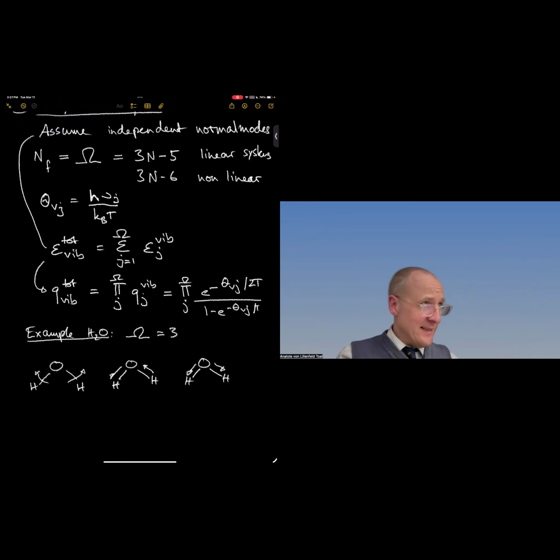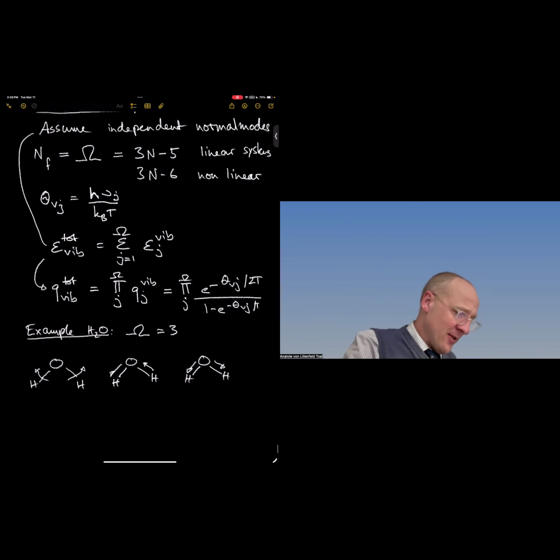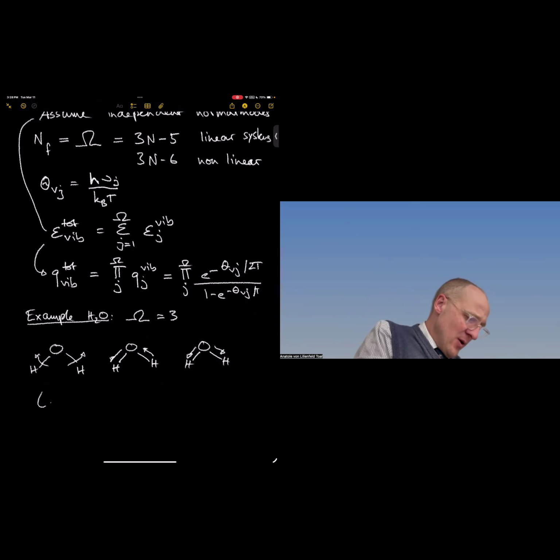So to have an idea of these modes is really very important to have a better understanding of what's really going on. And these modes are simply the eigenfunctions of what's known as the Hessian, right? So these modes are eigenfunctions of the Hessian.